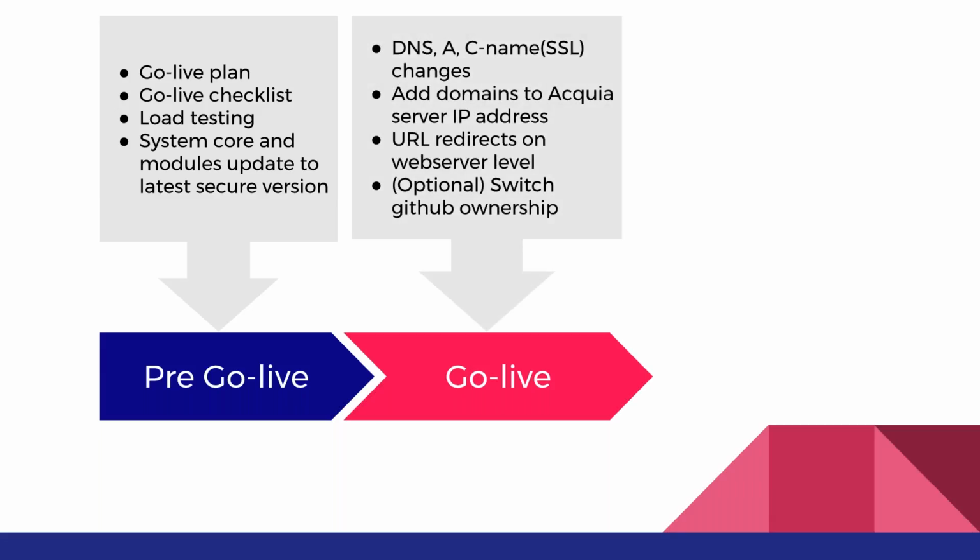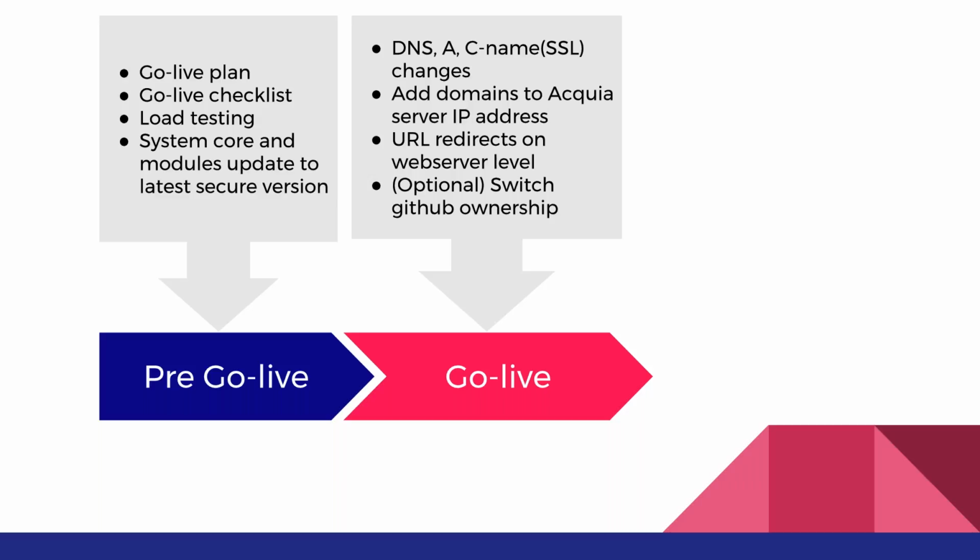And as a part of go live, we change DNS. Usually it's the responsibility of the client, but if the client needs some assistance from us, we are happy to provide some help. Also, we add new domains to the Acquia servers and configure URL redirects.